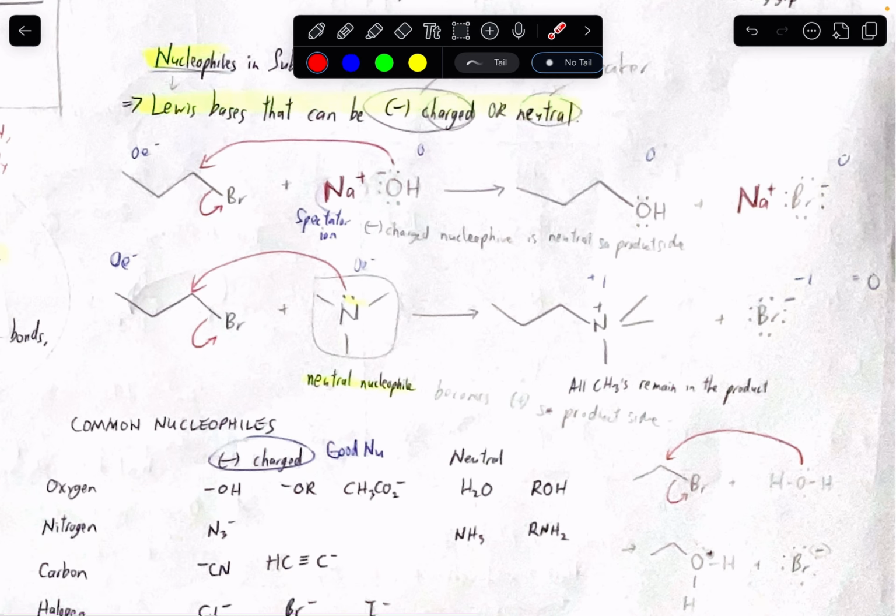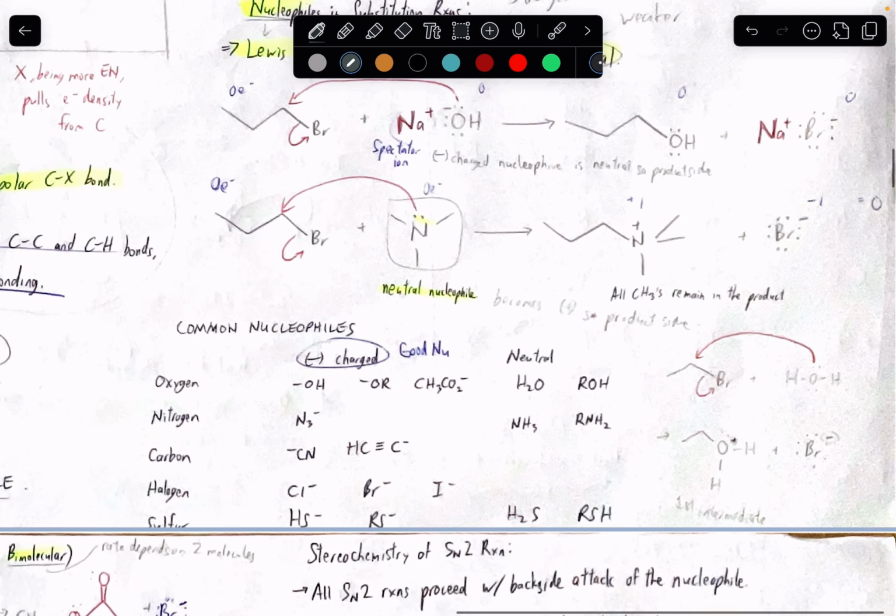What you get is this. So you can determine from this reaction, or basically you can conclude that when your nucleophile is neutral initially, it can become positively charged. So 1, 2, 3, 4, yeah, positively charged. And your neutral leaving group becomes negatively charged.